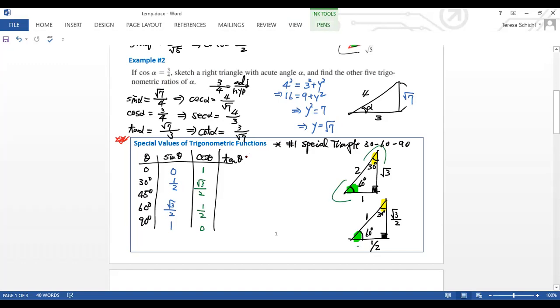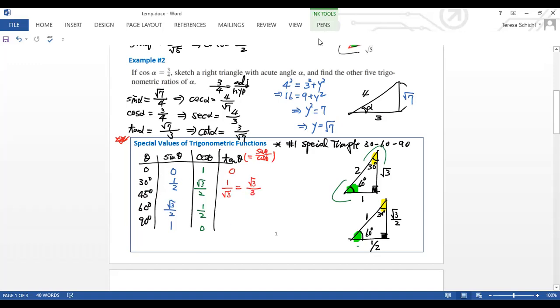Now we know the tangent is sine over cosine, right? So here, this is really equal to the sine over cosine, so we don't really need to write it. Sine over cosine, 0 over 1, so this is 0. This is 1/2 over square root of 3 over 2. Now what you do here is flip it, so this will be 1 over square root of 3. Sometimes people like to simplify that to square root of 3 over 3.